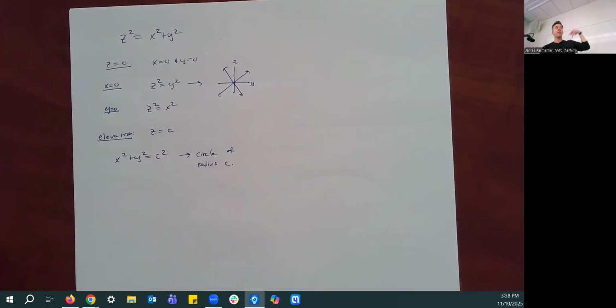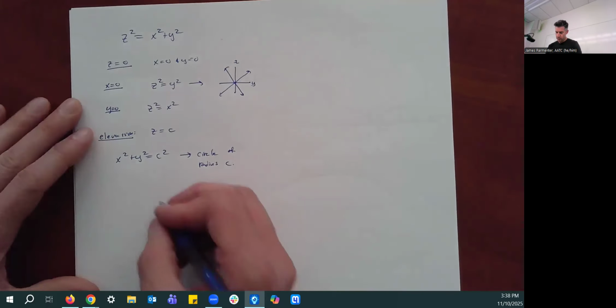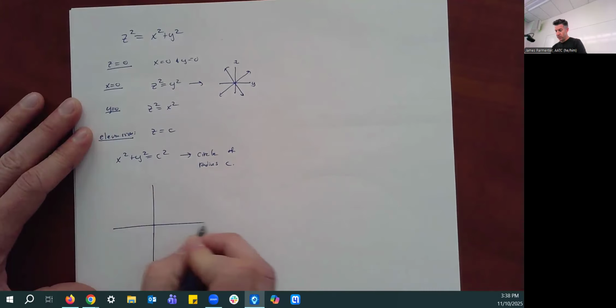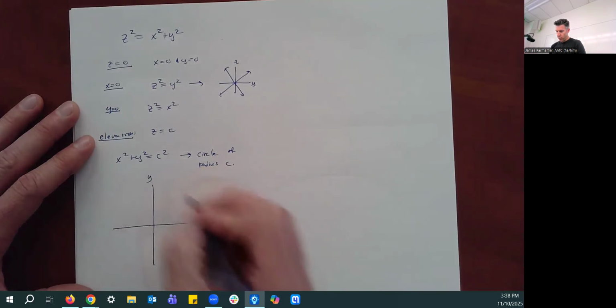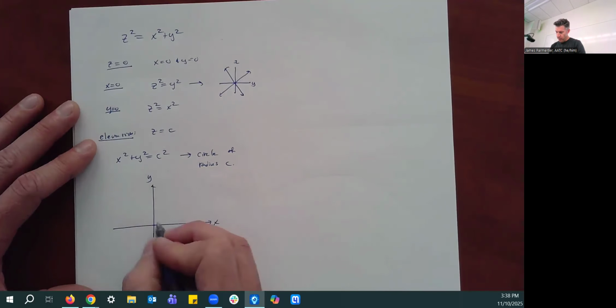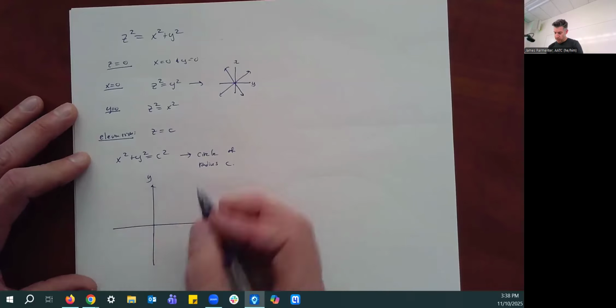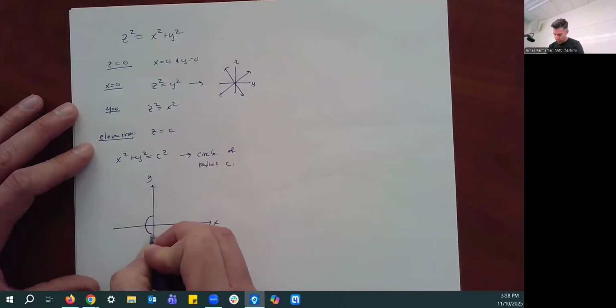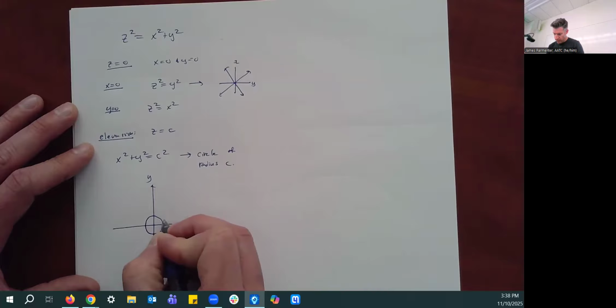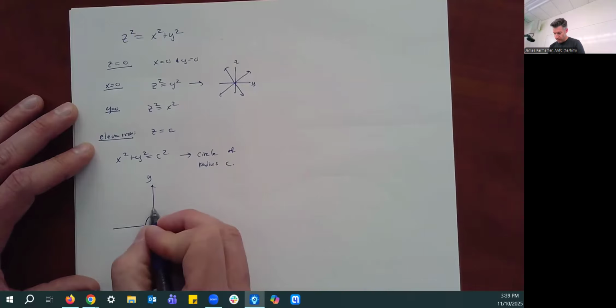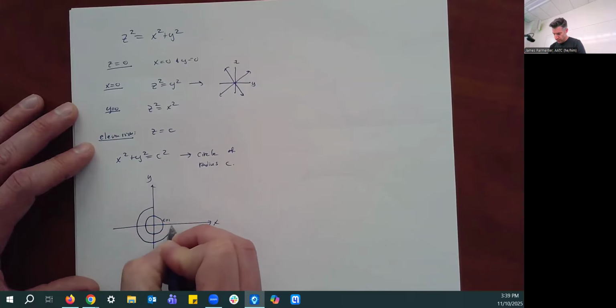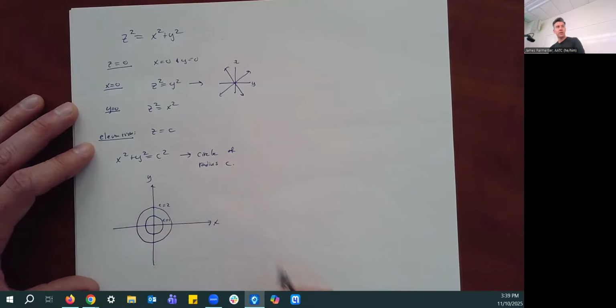And unlike the paraboloid, these circles are equally spaced out. If c is equal to 1, the radius is 1. So there's my level curve at elevation 1. And if c is equal to 2, the radius is 2. And so on and so on.